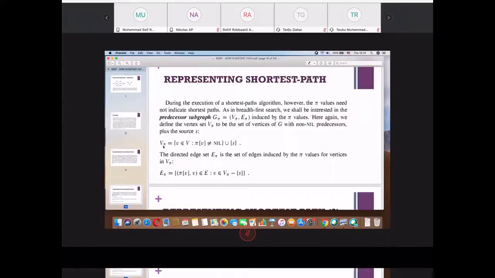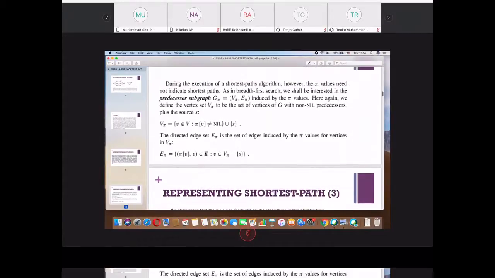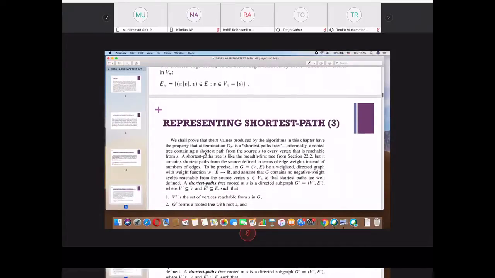The definition of the set V pi is the set of vertices in V that have a predecessor, because the predecessor of the vertex v is not equal to nil, and also of the set E pi. Okay, let's just skip it.